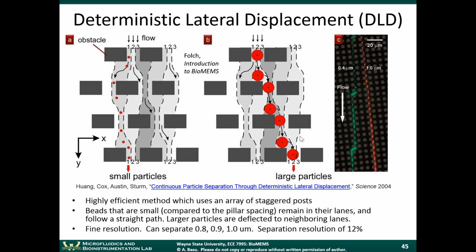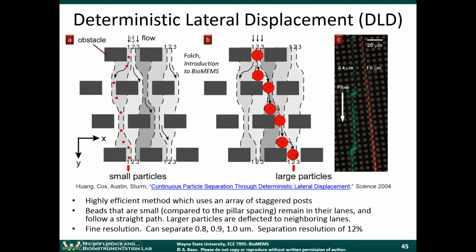So deterministic lateral displacement is a highly efficient method which uses an array of staggered posts. The beads that are small compared to the pillar spacing remain in their lanes, and they follow a straight path, whereas larger particles are deflected into neighboring lanes. So let's look at this diagram here. This is comparing the action of small particles versus large particles. Deterministic lateral displacement relies on this array of pillars, and notice that the pillars are staggered in relation to the direction of flow.